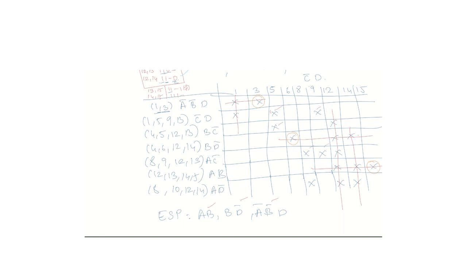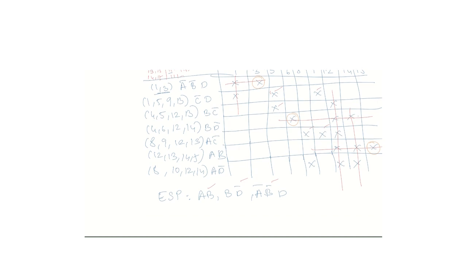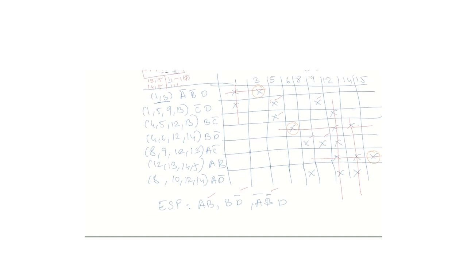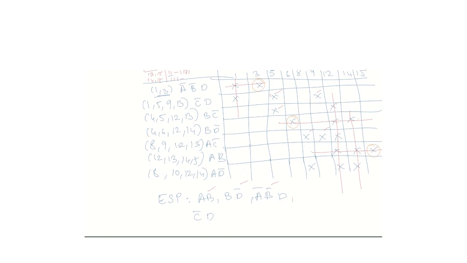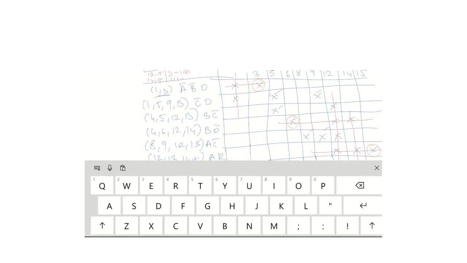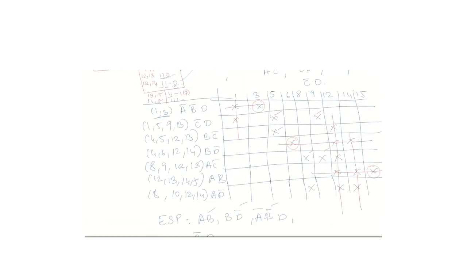and yeah, this. So we are left with 6 x terms. 1 2 3 4 5 6. So from this you can choose any 2. Let's say I choose C bar D. So I write here C bar D as a prime implicant, and if I do that, then I cross C bar D like this first, and then whatever it includes.